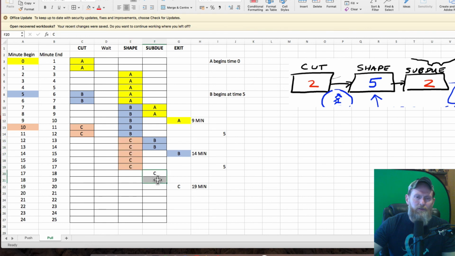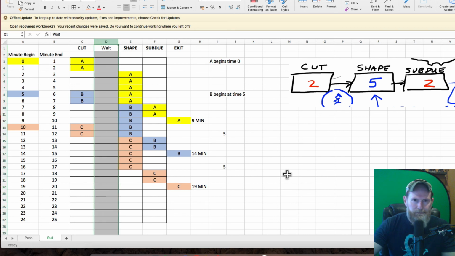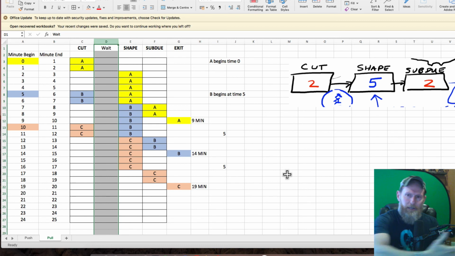And again, what's the point of all this? Does it increase the capacity? No. As long as that 5 is 5, we're not going to be able to increase the capacity. But what we can do is influence and actually get rid of the amount of waiting. Look, there's nothing in that column. That's because we're pulling items into the system in accordance with the tempo of the bottleneck. And that is, with the theory, we call this the drum.